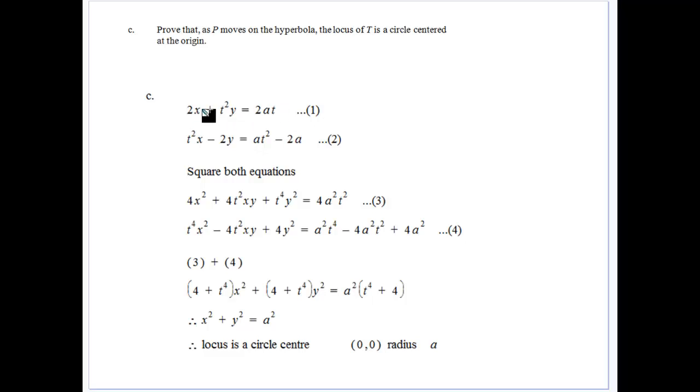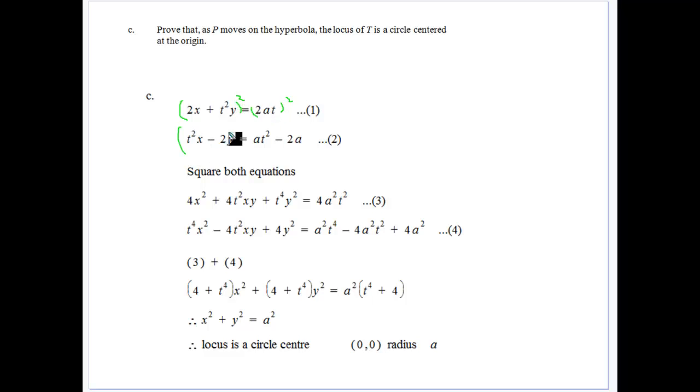If we take our two lines where T intersects, so T's intersecting where those two lines meet. Now the trick here: square both of these sides. So if we do that, we get the 4x squared, because this whole thing has to be squared, and this whole thing has to be squared.